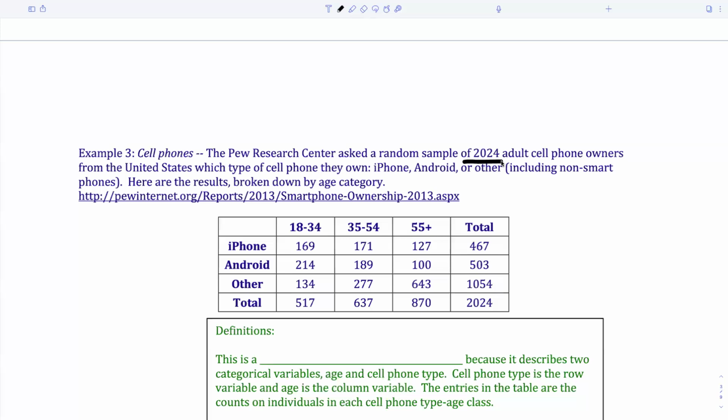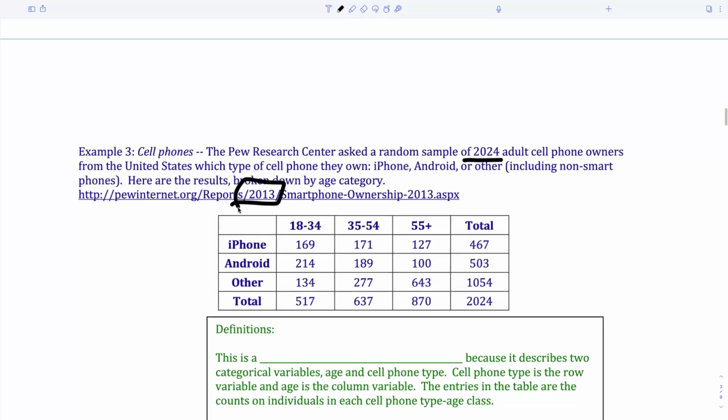And so the first thing that we notice, this is from 2013, okay? That's probably important because that was, relatively speaking, a long time ago for you all, right? 11 years ago. But we're looking at a snapshot within this window from 2013.